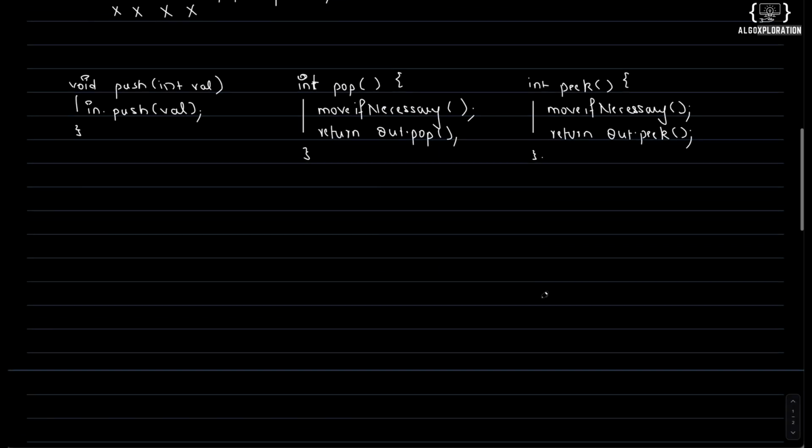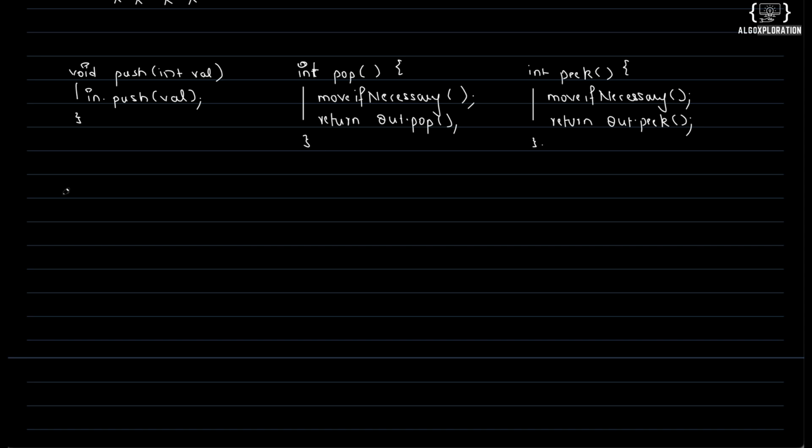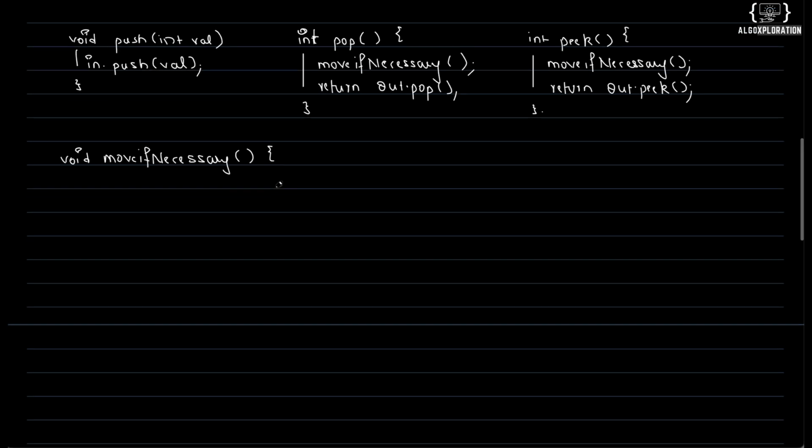Now let's talk about move if necessary. So void move if necessary. First over here we will check whether the out stack is empty or not. If out dot is empty, then we are going to pop all the elements one by one from the in stack and push them in the out.